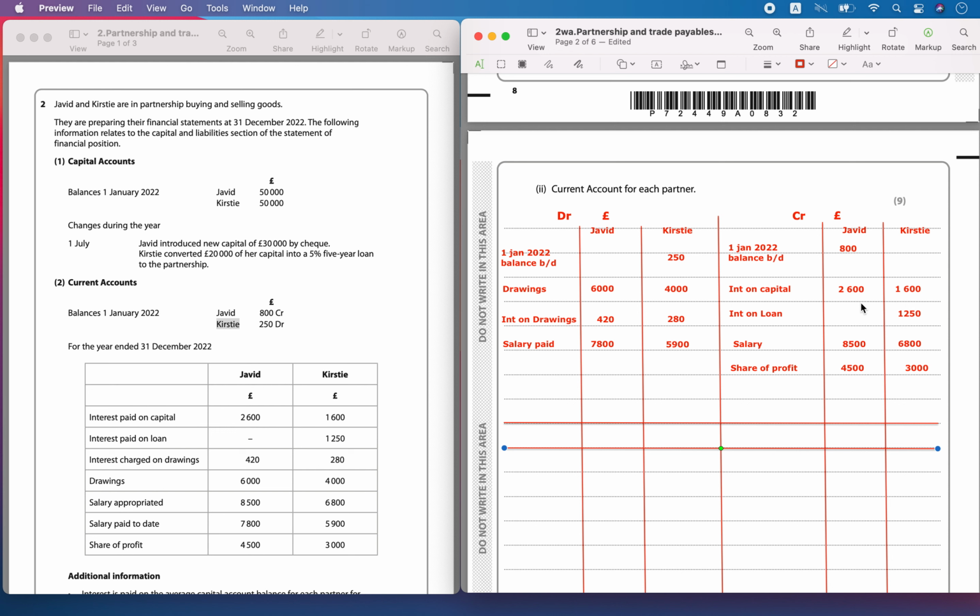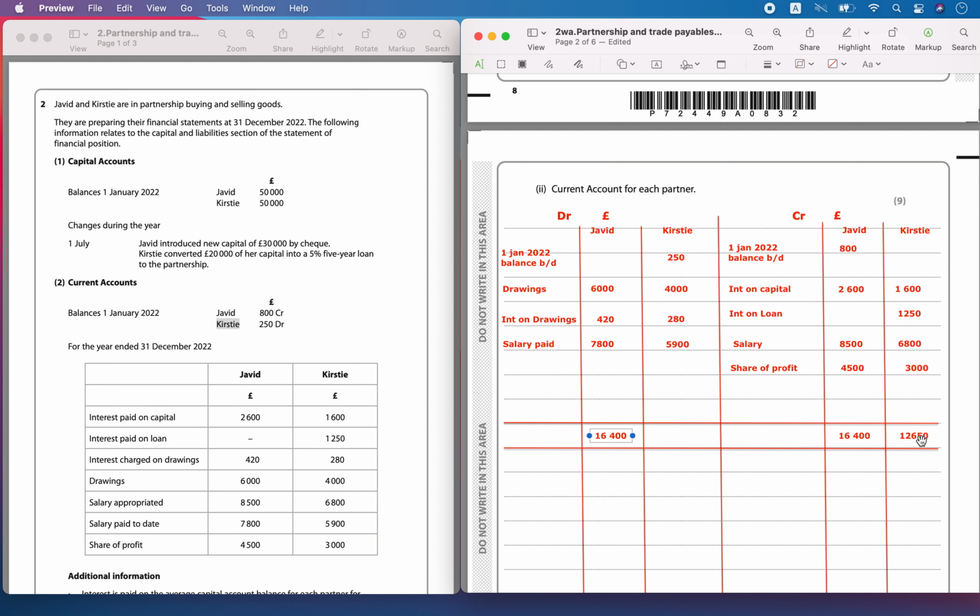Let's add up on this side: 2,600 plus 800 plus 8,500 plus 4,500, which equals 16,400. On the other side, 1,600 plus 1,250 plus 6,800 plus 3,000 is equal to 12,650. So let's include 12,650.